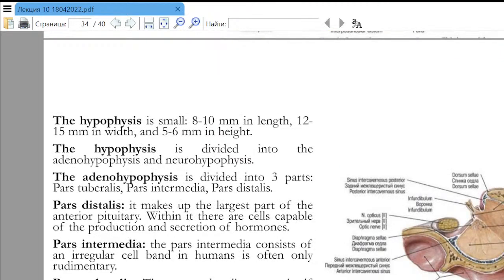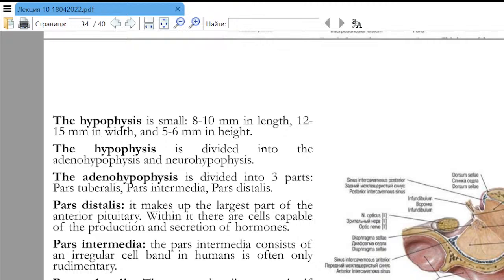The hypophysis is small, 18 mm long. The hypophysis is divided into the adenohypophysis and neurohypophysis, two parts.